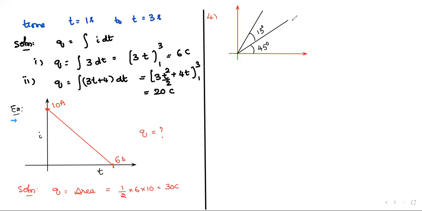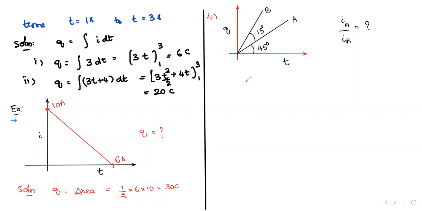This is the charge flown through a conductor, how it varies with time, in conductor A. This is in conductor B. What is the ratio of the current flowing through conductor A to B?